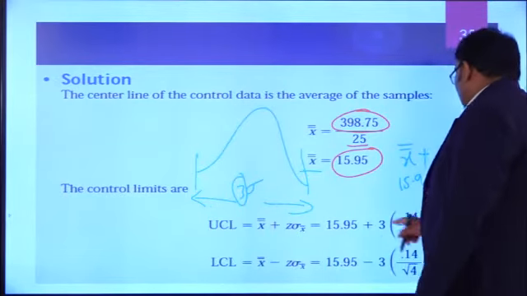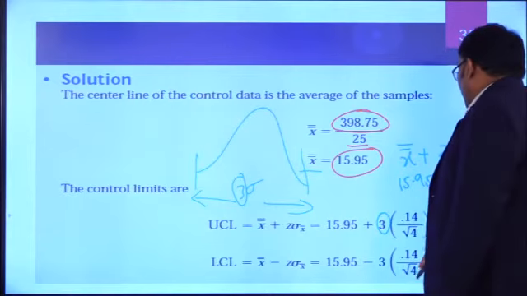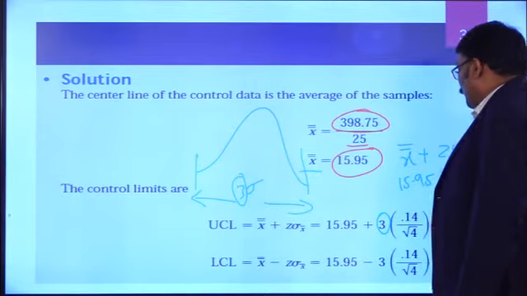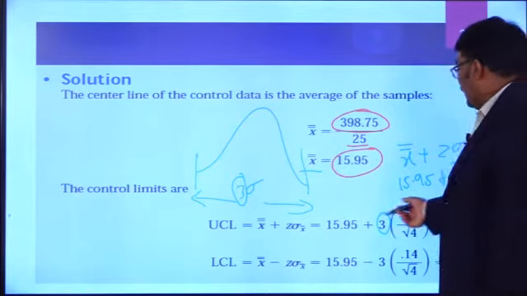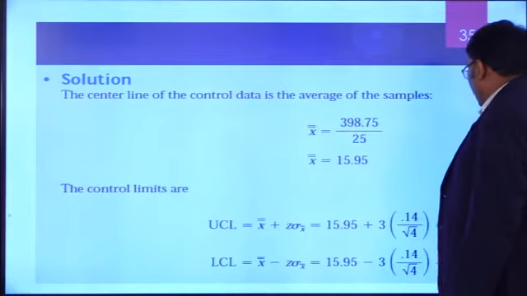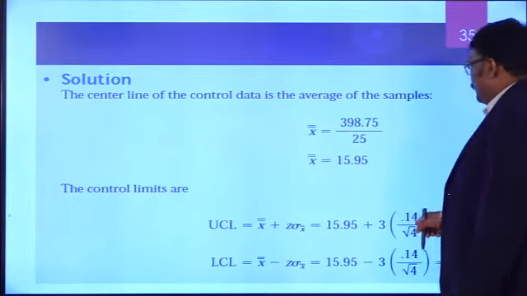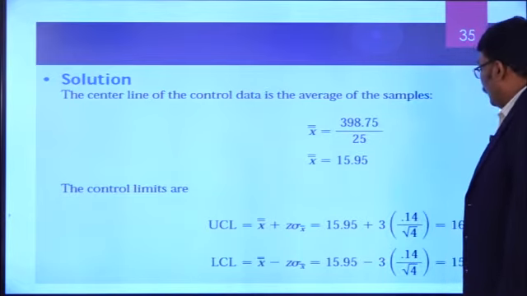Now, that 3 is applied here, and sigma x bar is equal to 0.14 divided by root 4. You may have a doubt about how we got the 0.14 and root n.